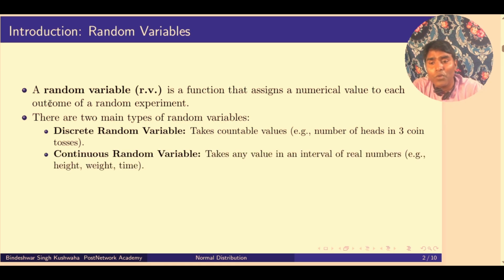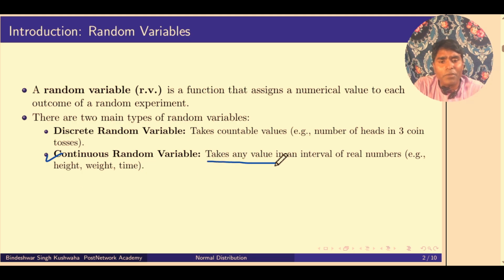Now we will move to learn about continuous distributions, but we have to know about continuous random variable. So a continuous random variable takes any value in the interval of real numbers, that means minus infinity to plus infinity, and it may be 1.5, 0.5, like this one.